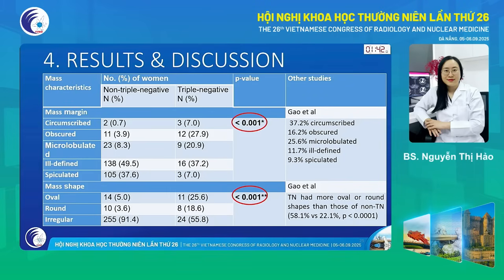And about the mass shape, you can see here that 25.6% of triple-negative has an oval mass shape, which is a very benign feature of breast lesions, and this rate is only 5% in non-triple-negative. These characteristics also have a statistical difference. The results in my study are also similar to other studies.